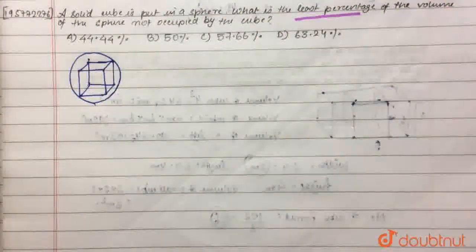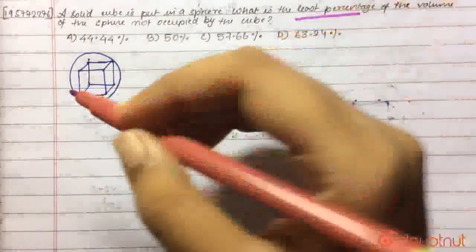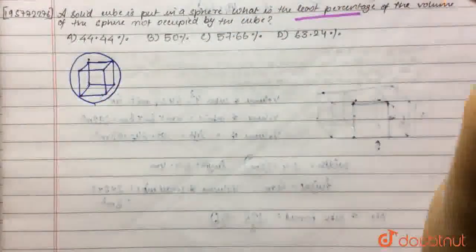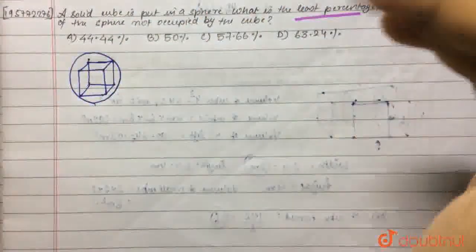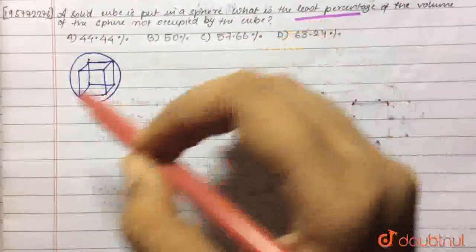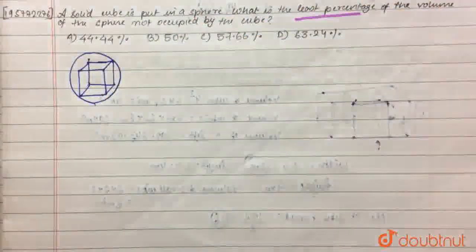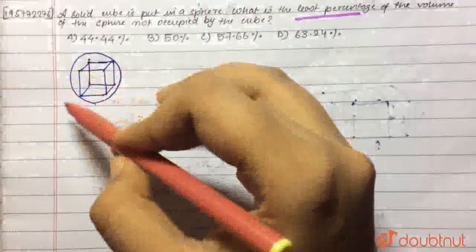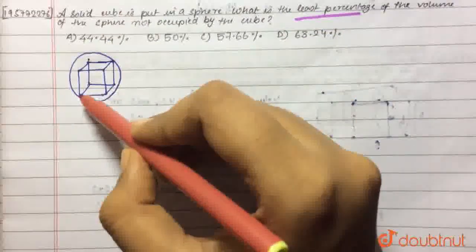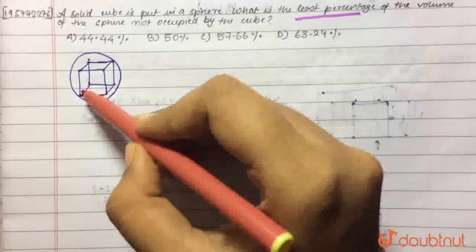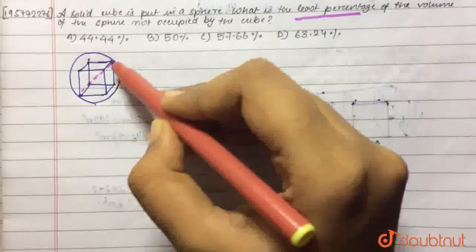Now for the largest cube to be placed inside a particular sphere, remember the diagonal of such a cube will be the longest, right? And in a sphere, for the diagonal of this particular cube to be the longest, it will be the diameter of this particular sphere, right?